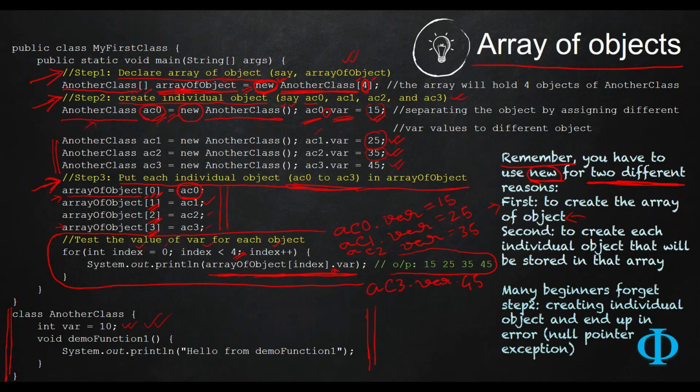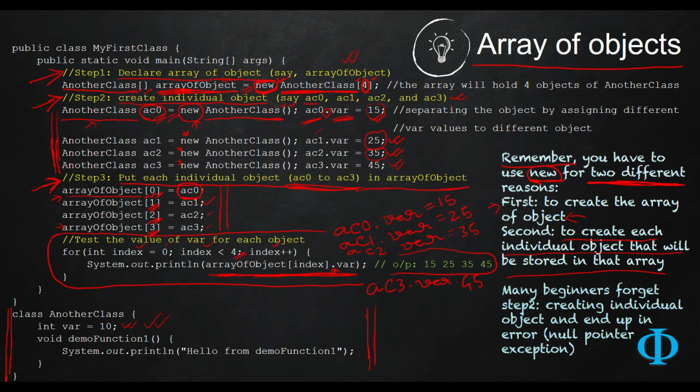And second, to create each individual object that will be stored in the array. When you are creating each individual object over here, every time you use the new keyword. So you use it once to create the array, and then again to create the objects.